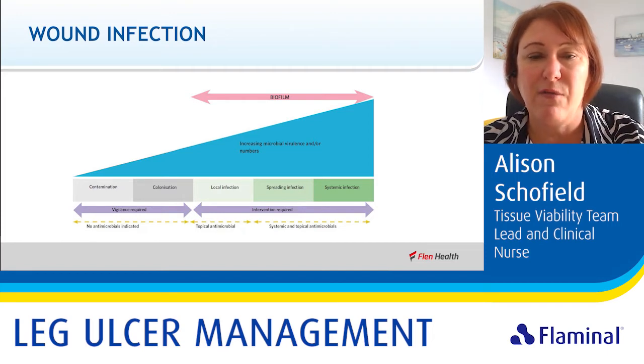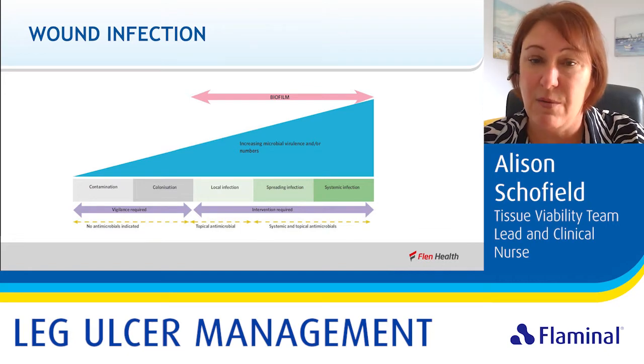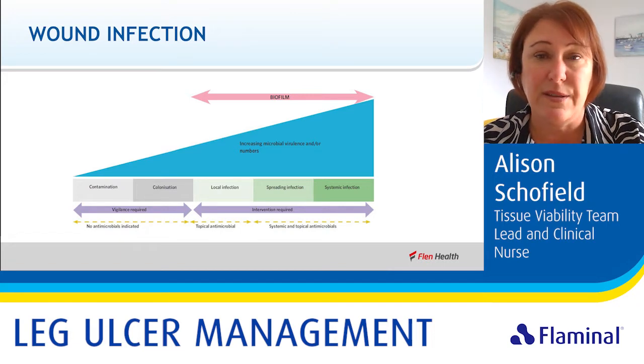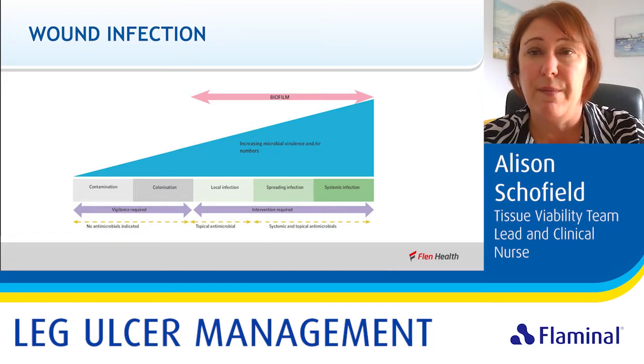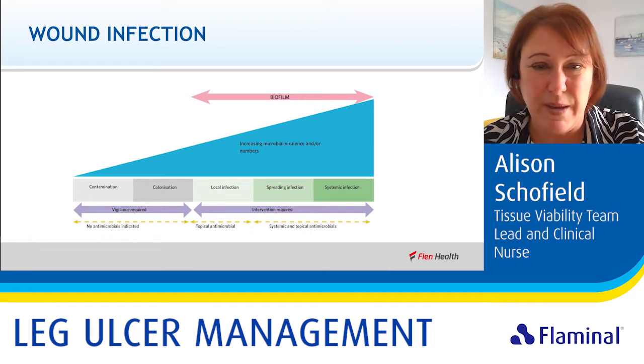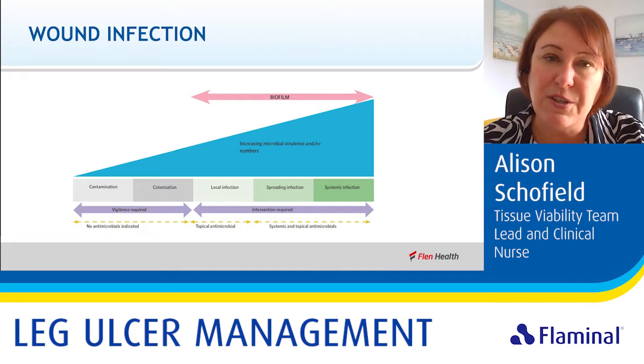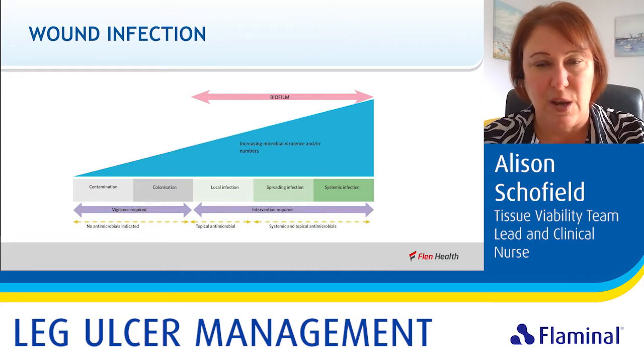So we have wounds with contamination and colonization, and we can often see signs and symptoms of this. It may be that there's slough there, that there's a shiny wound bed surface, which may be biofilm. So we need to be vigilant with this, and address it with our type of products and our moist wound healing.